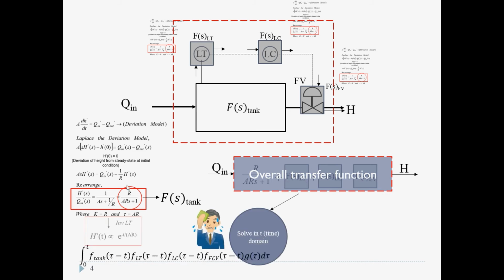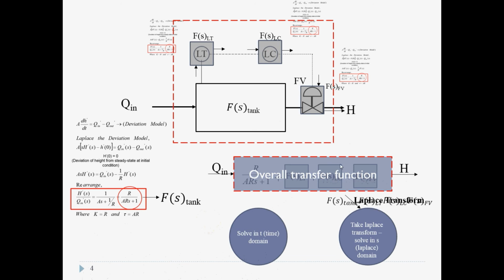As you can see, this transfer function is not the kind of simple one that we dealt with early on, which can be handled very simply. It involves very complicated math if we have to solve this in the time domain. So instead, we take the Laplace transform of all these transfer functions to take them from the time domain into the S domain, so that the math can be very simple.